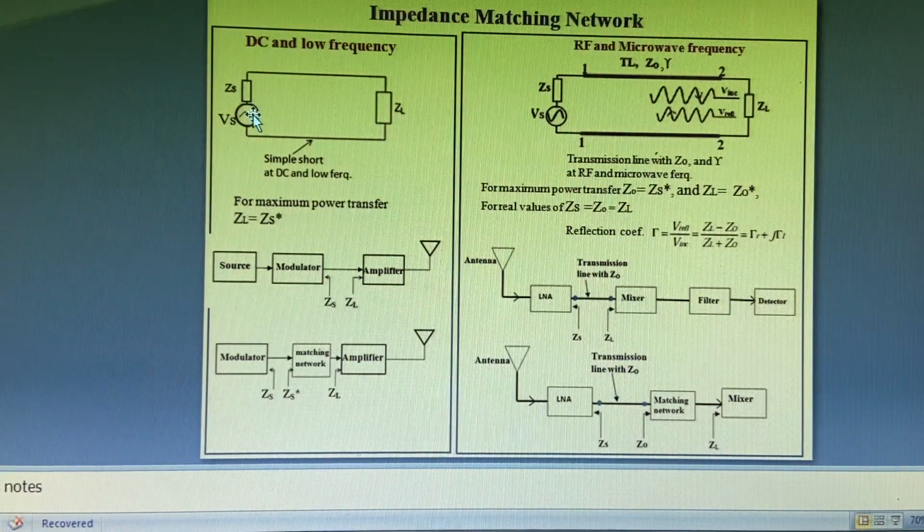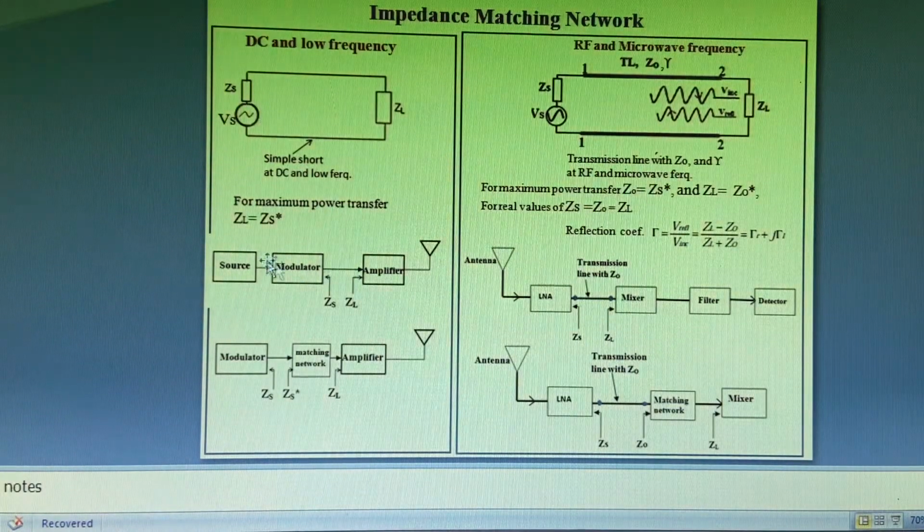But in most of our applications, like in a communication system, as shown in this figure, it is a cascade connection of many circuits, like a source connected to the modulator, connected to an amplifier, then to the antenna. So here, load impedance and source impedance mean the input impedance and output impedance of some circuits.